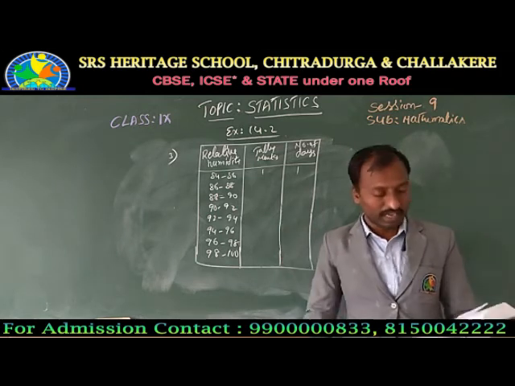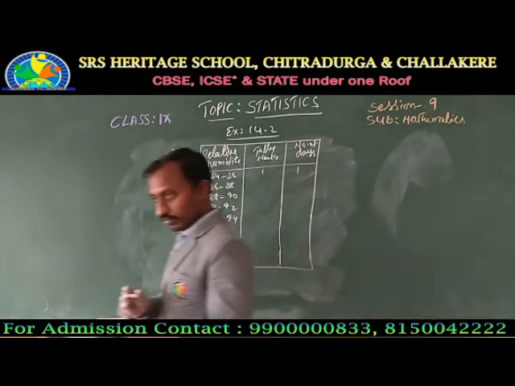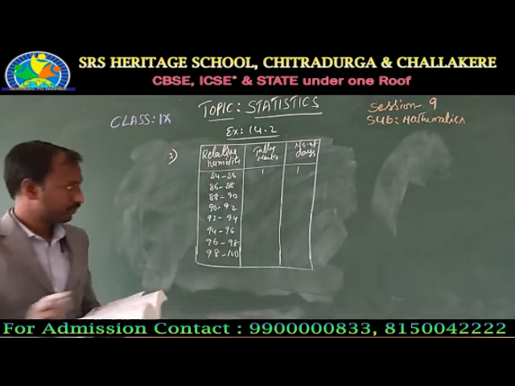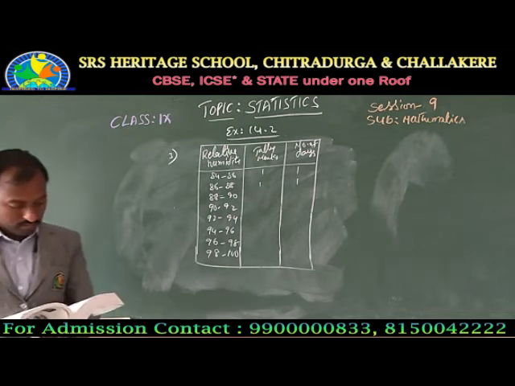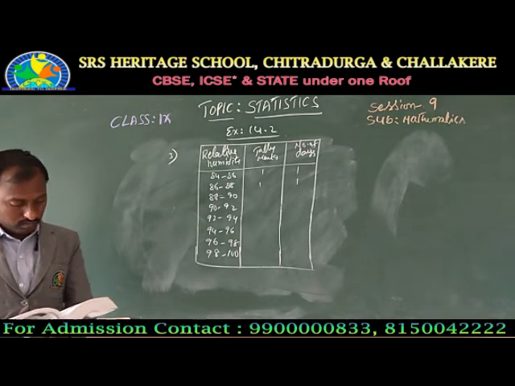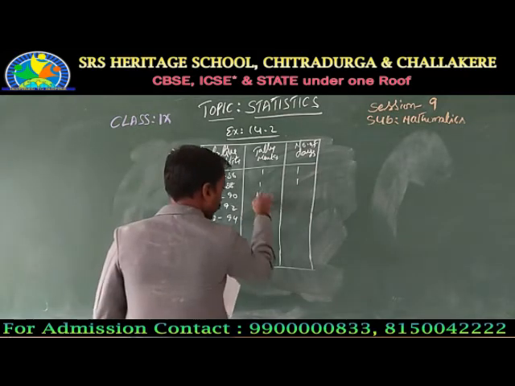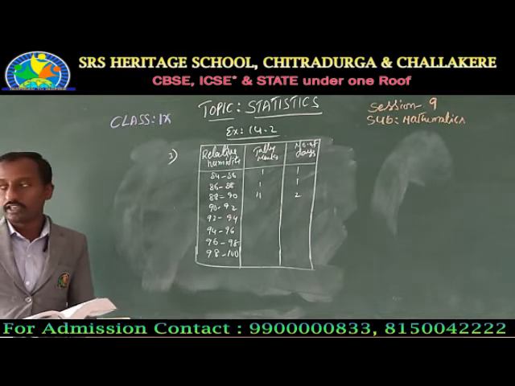86 to 88, how many are there? Only one. 88 to 90. There are two. 90 to 92.